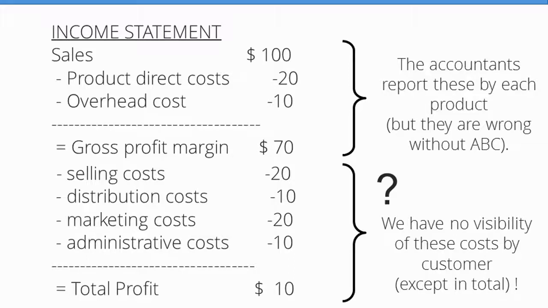And you look at the numbers, we go from $70 profit to 10. There is no visibility to those costs by individual, except in grand total. So ABC used below the product gross profit margin line will basically address how to do this and get the true calculated costs.